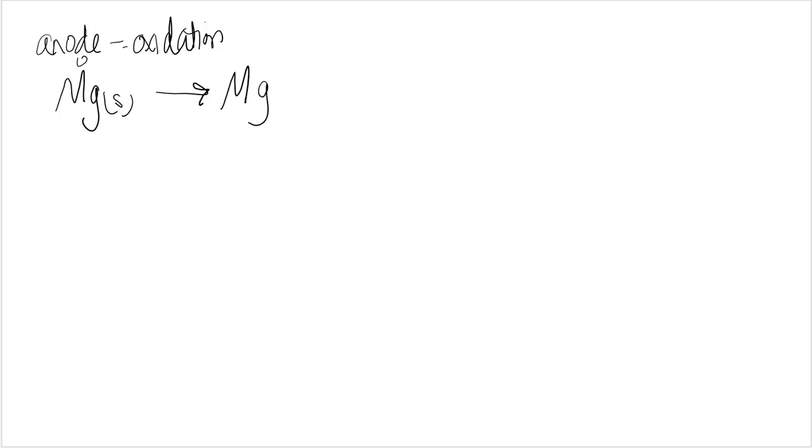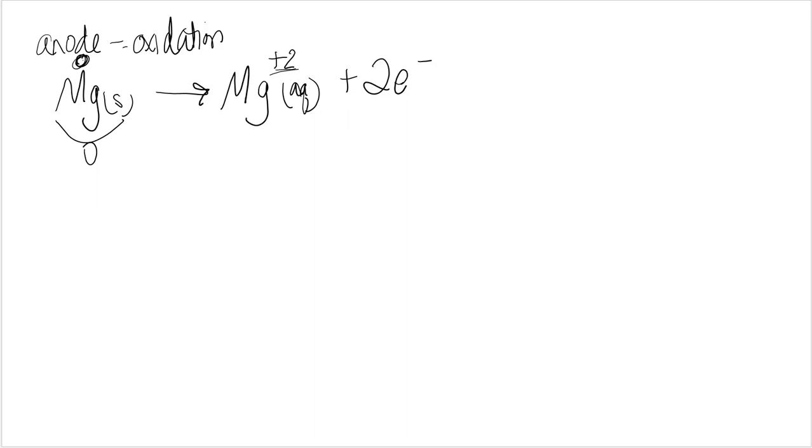So again, on my left, my anode, where oxidation is happening, I've got my magnesium solid, again, oxidation state of 0, and it's reacting to make our Mg+2 in aqueous solution, and 2 electrons. We need the 2 electrons because I've got a +2, and over here I need a total net charge of 0. So I've got my Mg+2 and my 2 electrons.